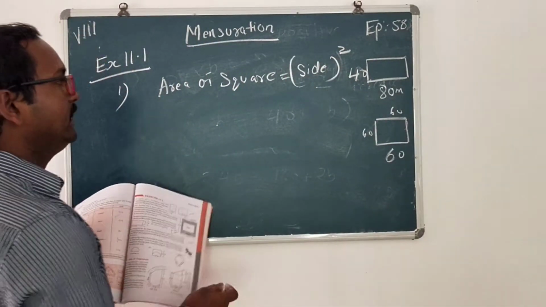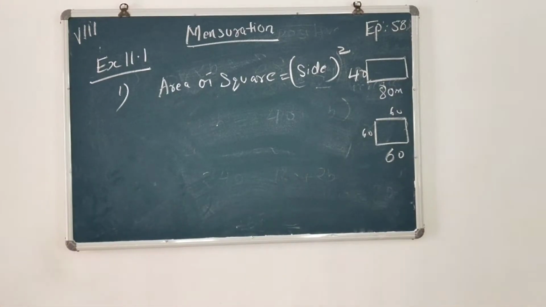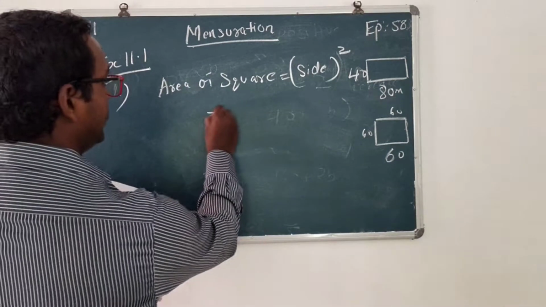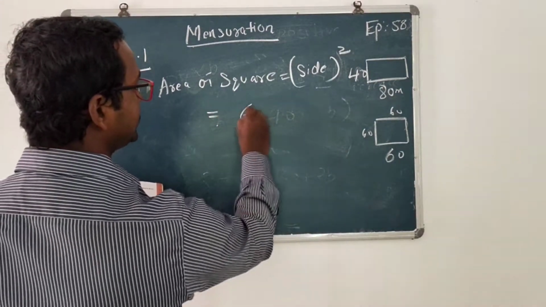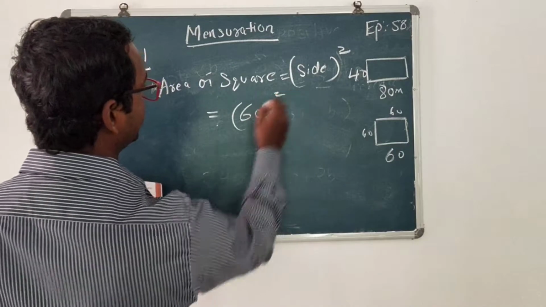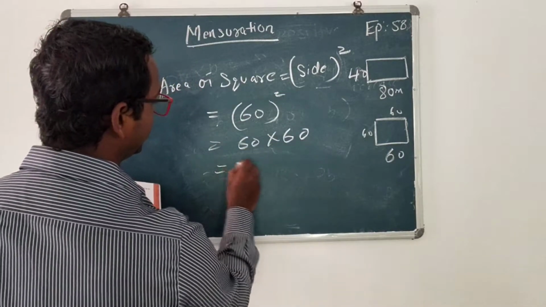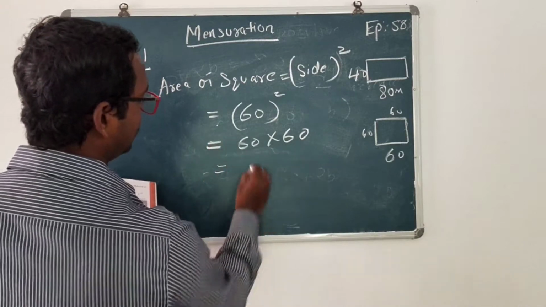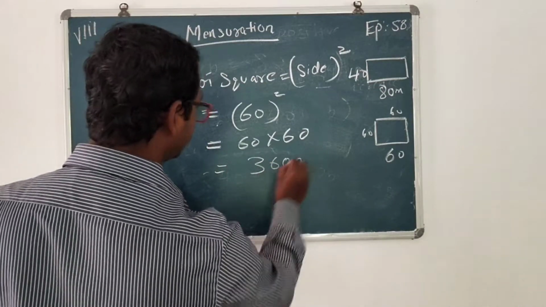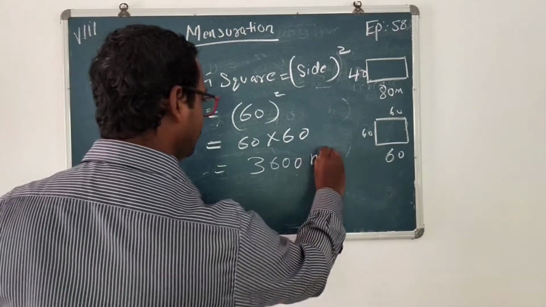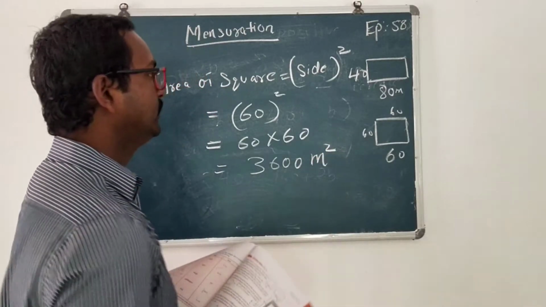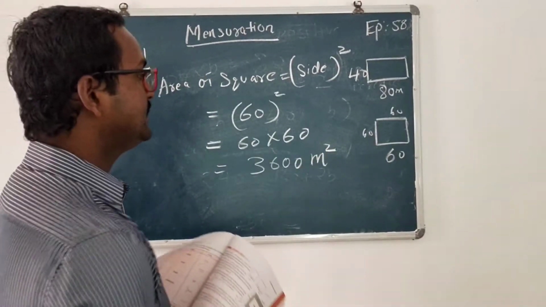So area of square is equal to side square, and side is 60. So 60 into 60 is equal to 3600 meter square. So the area of square is 3600.